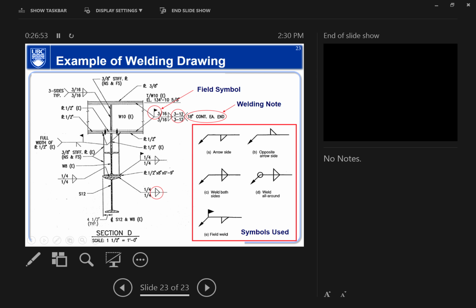This is another example, from an actual welding drawing. You will see similar symbols to those we saw before, but there's one bit of difference here. You see this one here, there's a little bit of a flag. That flag shows this is a field symbol, so it should be done in the field. That's basically what it means.